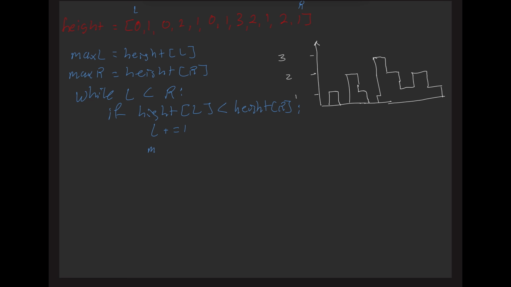So max left is going to be equal to the max of max left and the height of the new pointer. And then the result, which is initialized to 0, will be incremented by max left minus the new height.